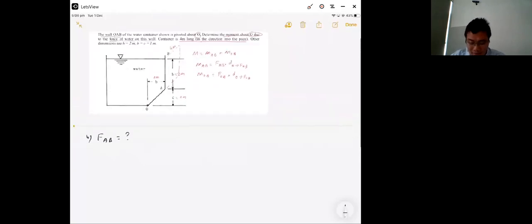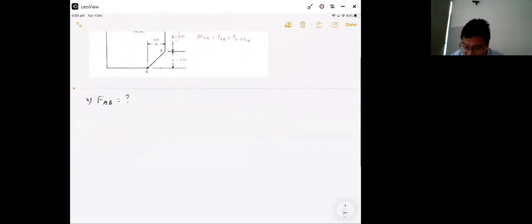Okay, AB and OA are similar. This is AB, A, B, and this one is O. You have to find the force applied to AB, FAB.